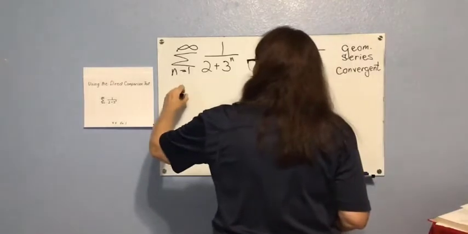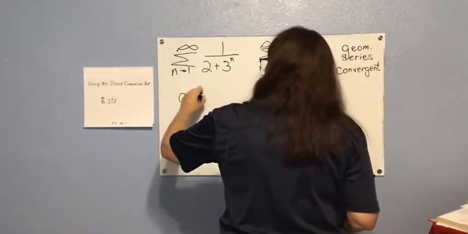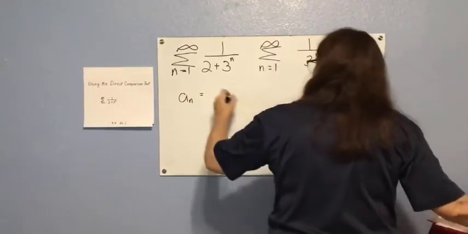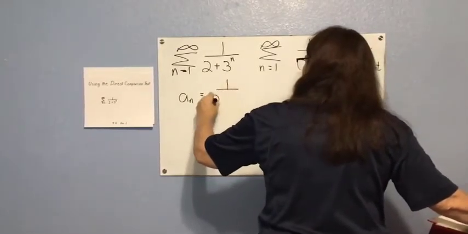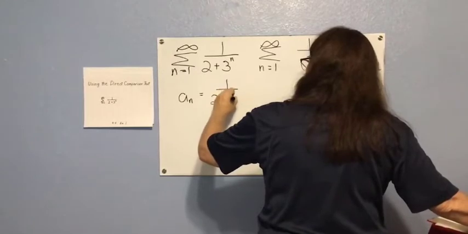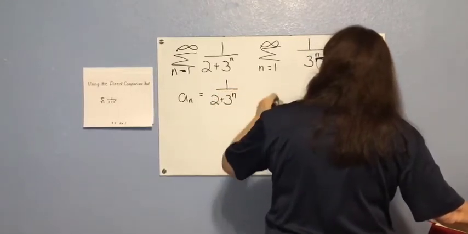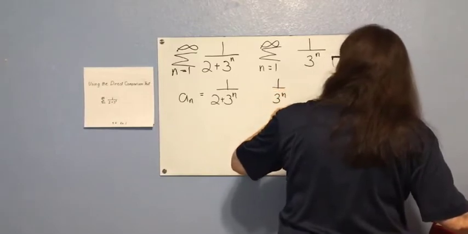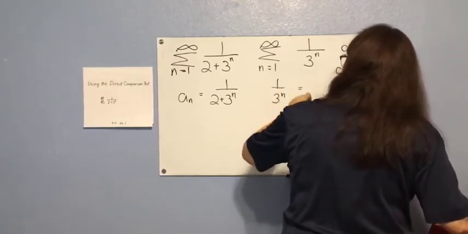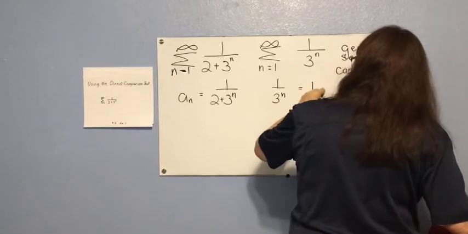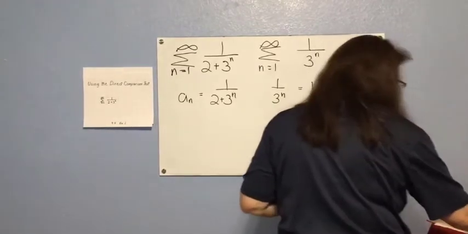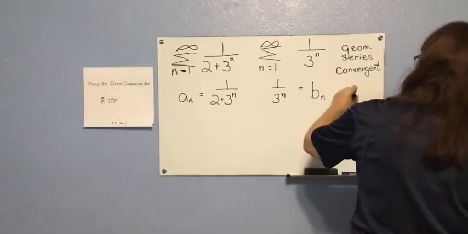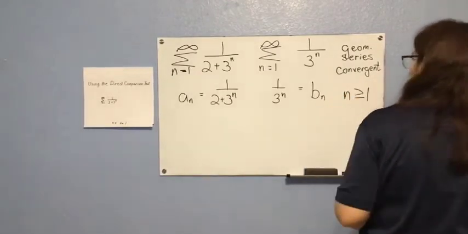If this is A sub n, we could write this one as 1 over 2 plus 3 to the n. And over here I'm going to write 1 over 3 to the n, and call this B sub n. I'm going to talk about n greater than or equal to 1.